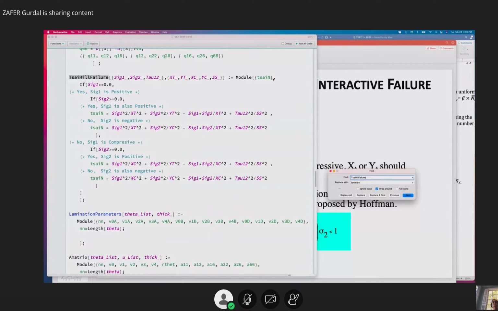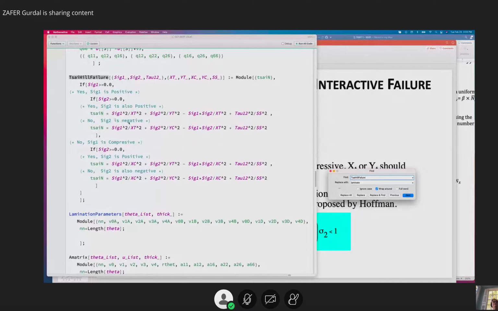And if you see this, you check sigma 1, you check sigma 2, one by one. If sigma 1 is greater than 0, if it's positive, then you check sigma 2. If that's also positive, you put tension, tension, and so on.